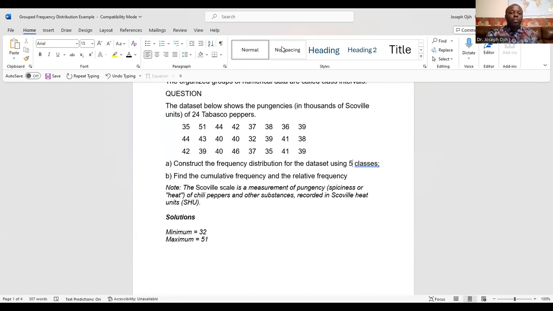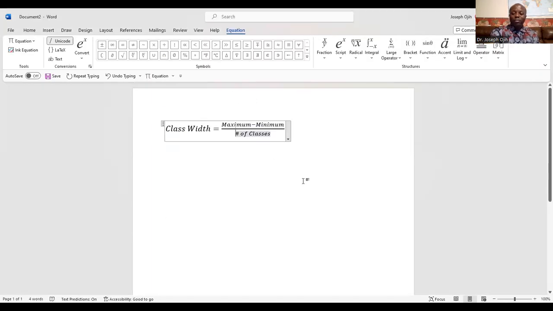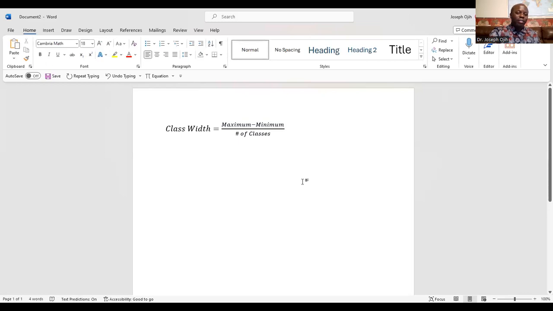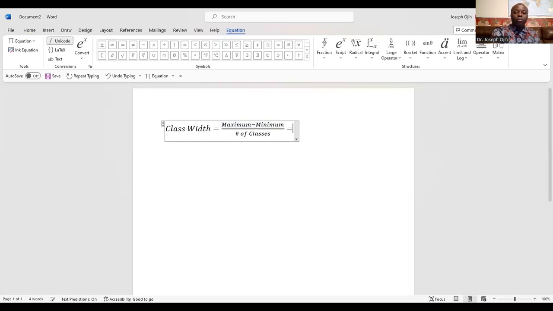Taking you to that page again, we do our rough work. So you have class width equals, maximum is 51, minimum is 32, number of classes is 5.